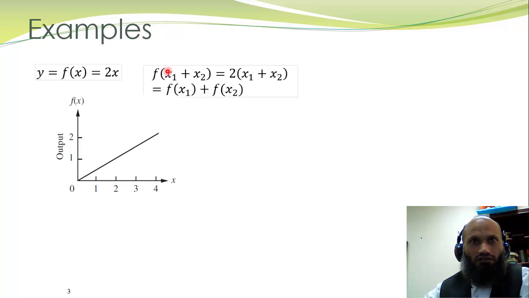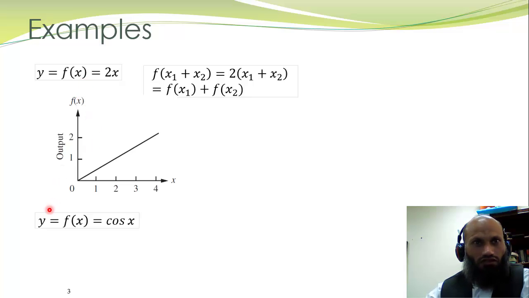For this particular function, f of x1 plus x2 is equal to 2 times the input to the function, that is 2 times (x1 plus x2). If we expand this bracket, it is 2x1 plus 2x2, which is the same as f of x1 plus f of x2. So superposition theorem is satisfied for this function, therefore this function is a linear function.